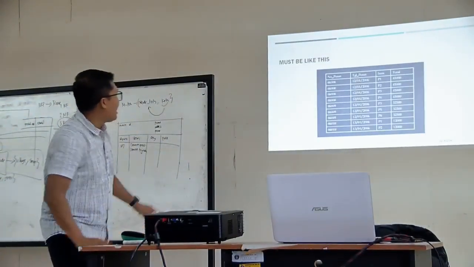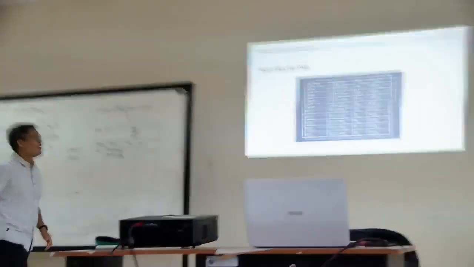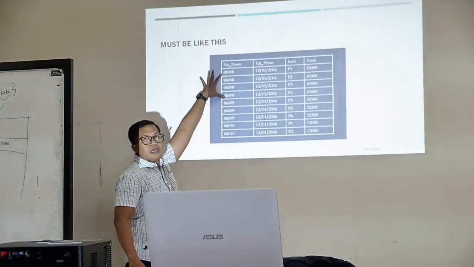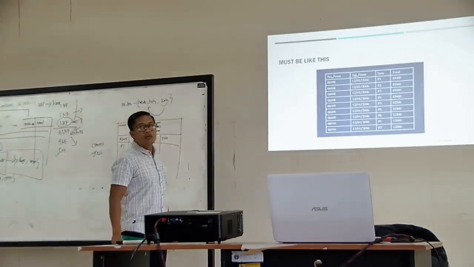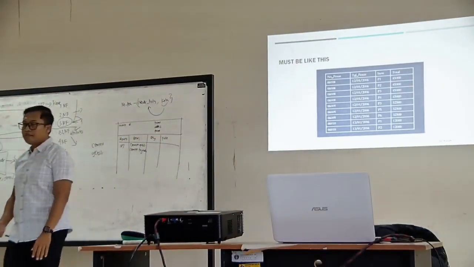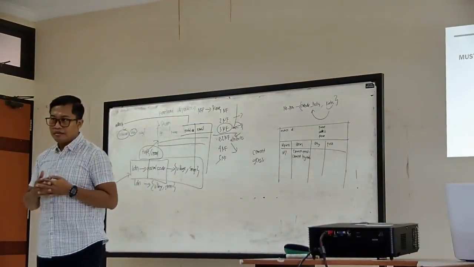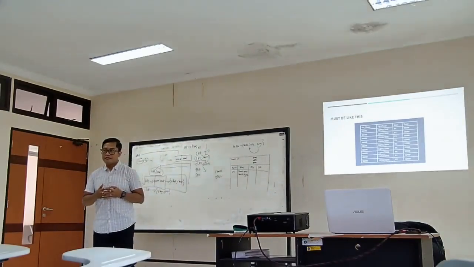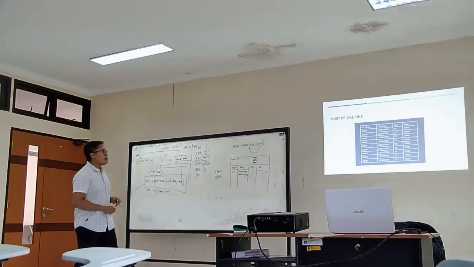Oh, okay. So we can write the ID more than one time. Can I ask, how can we write the total as 45,000? Can we just write the total like the price of the item? Okay. Not the total.